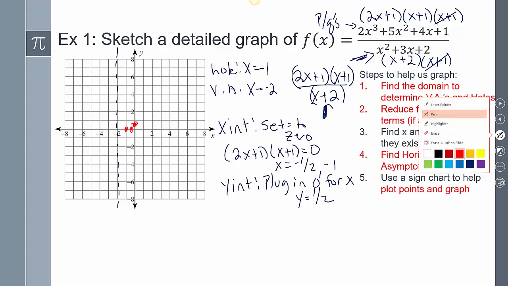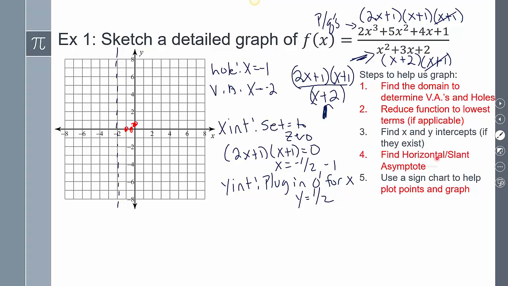So the last new piece here is going to be finding that horizontal or slant asymptote. We kind of discussed this already, but to be able to find that horizontal or slant asymptote, you have to divide the polynomials. It's easiest if you use your reduced polynomial already. If I were to multiply the top through, that's going to give me 2x squared plus 3x plus 1.